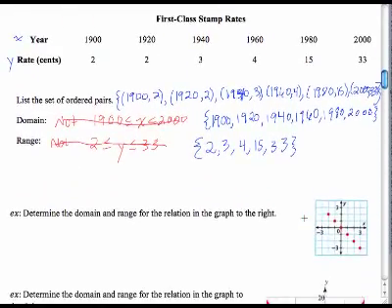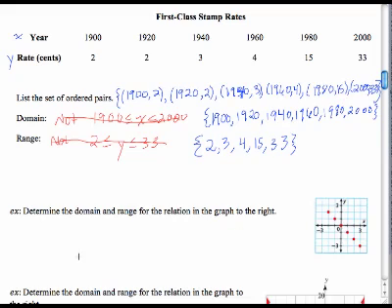Okay. For this graph right here, the domain and range, let's look at this one. Domain is your x's, your set of inputs. Your range is your output, or your set of y's. So here's the x-axis. Basically, I just go along the x-axis from left to right and list any x values, because this is just a discrete set of points, finite number of points. We're going to list any x values that have a y.